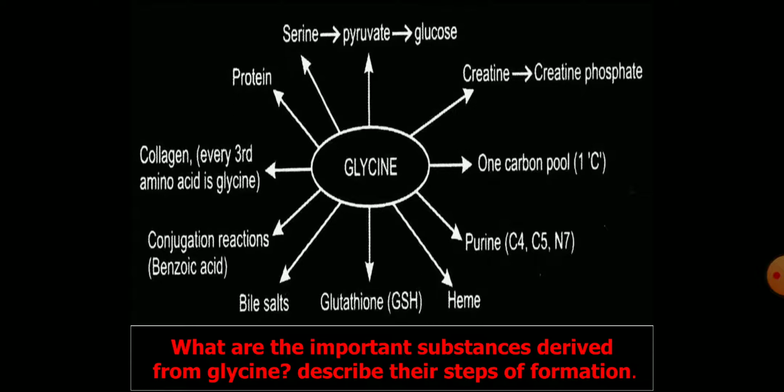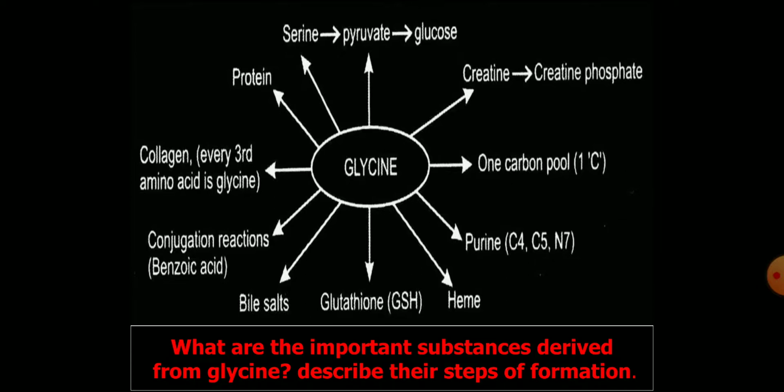Then you can also write glutathione, gamma glutamyl cysteine glycine, that is produced from glutamic acid, cysteine, and also glycine together with the help of two enzymes and also ATPs. Two ATPs are required for the formation of glutathione. These are the important products. So if you are asked to write the products, you better write all these four: heme, purine base, creatine synthesis, and glutathione synthesis.